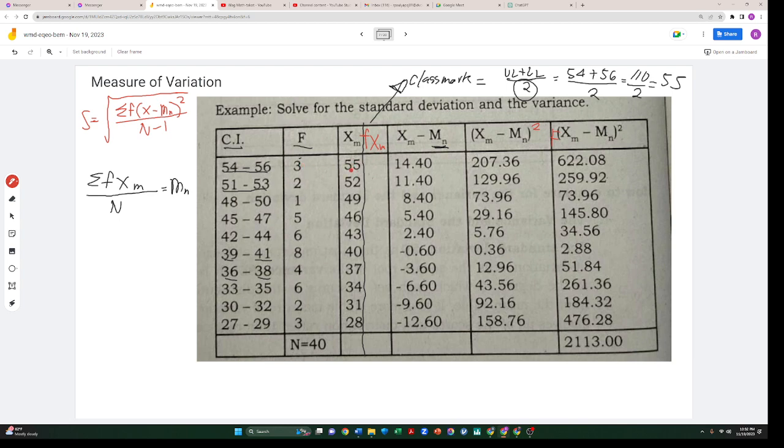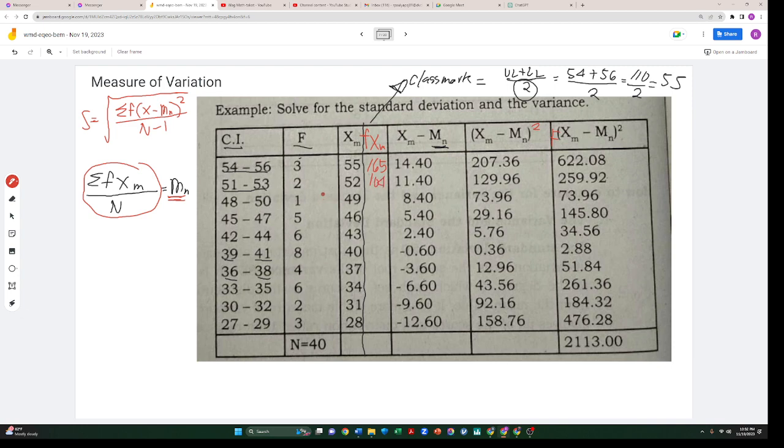3 times 55, which is 165. The purpose of this is that we need the mean, and this is the formula for the mean, so we can proceed. 52 times 2, which is 104.